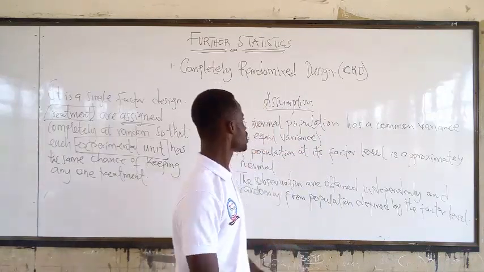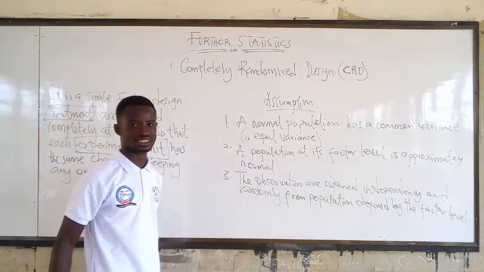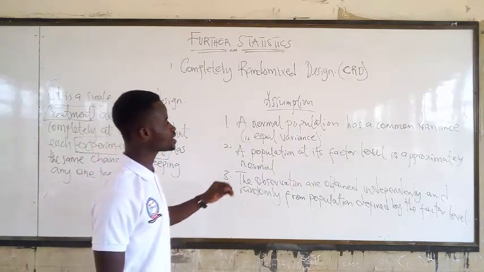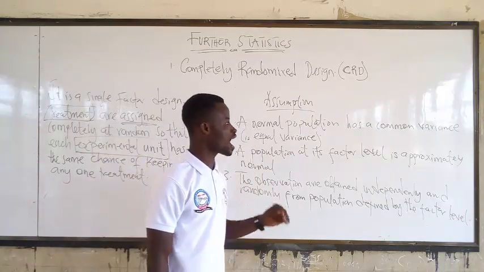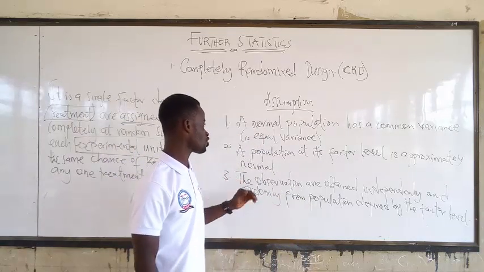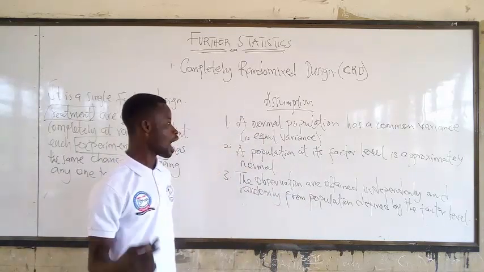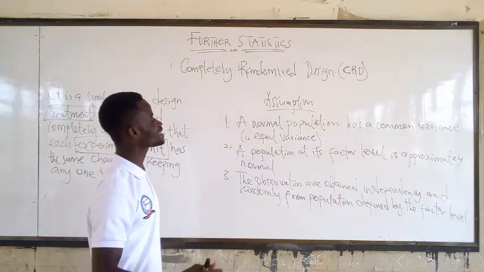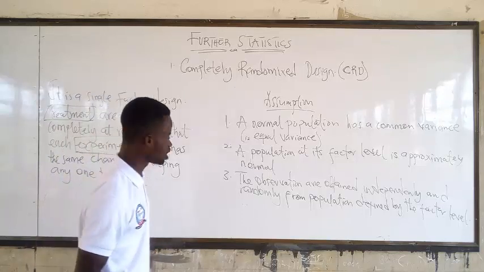All right. So let's see the assumptions. The first assumption is that a normal population has a common variance. When we talk of the common variance, we are talking of equal variance. Second, a population at its factor level is approximately normal.